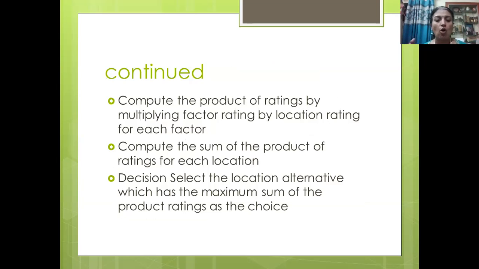Compute the product of ratings by multiplying factor rating and location rating. Then compute the sum of the products, meaning we should take the column total. For location A, what is the total of the product? And for location B, what is the total of the product?